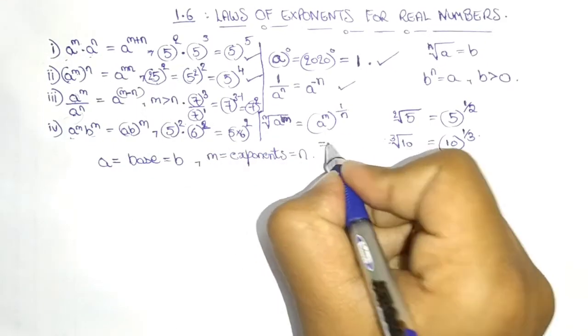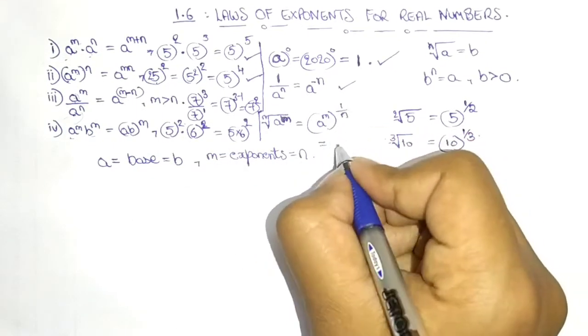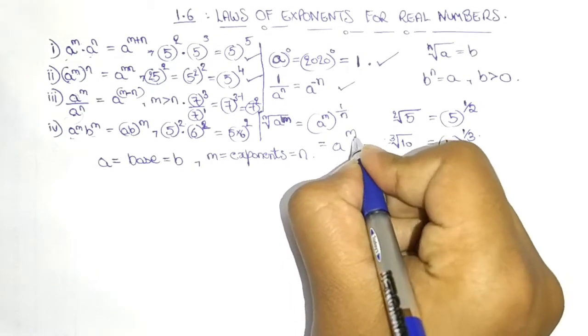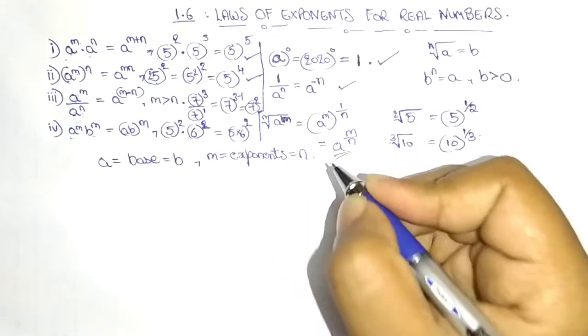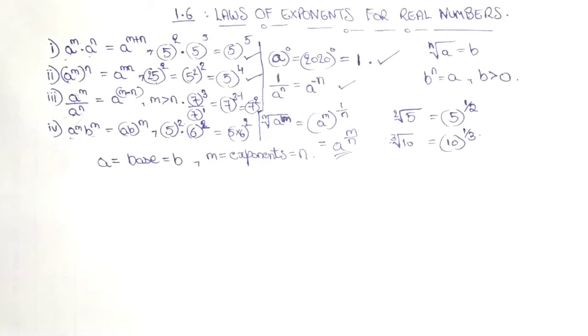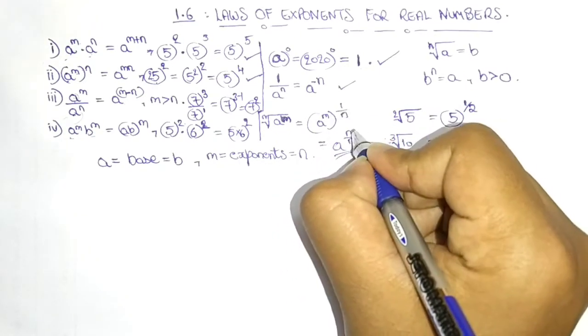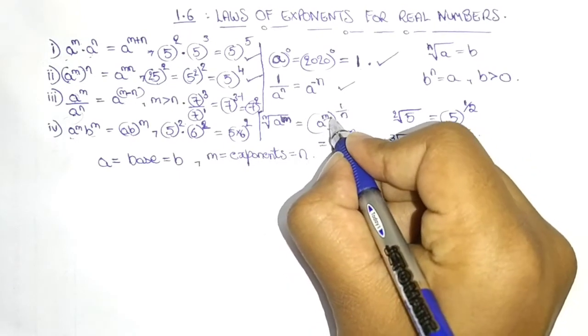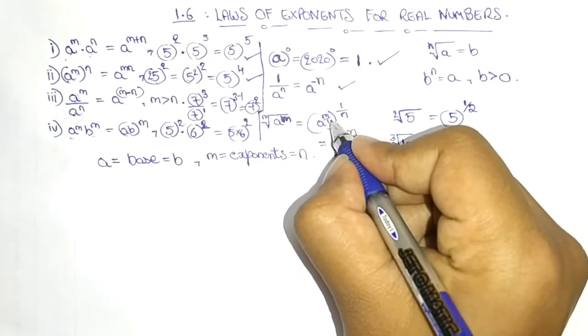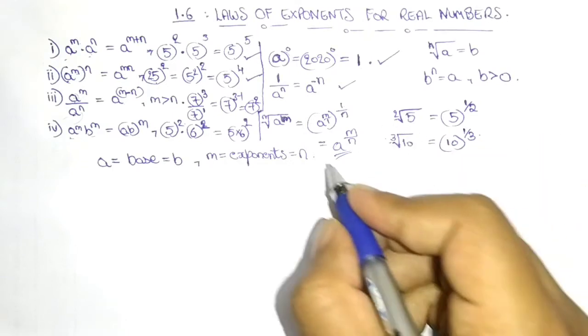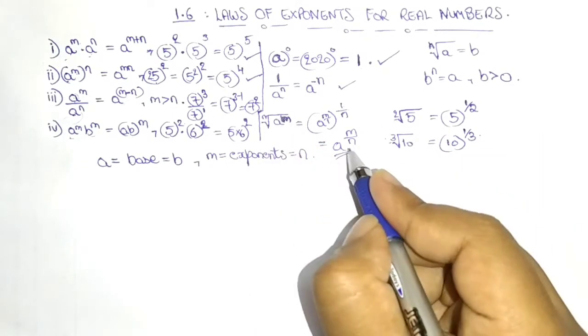Here also the same thing, a power m into 1 by n is going to be a power m by n. Why? We are multiplying numerator with numerator, m into 1, m, and the denominator 1 into n, n. We are getting this as this.